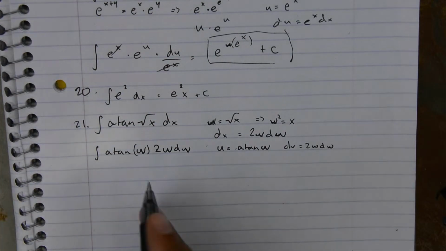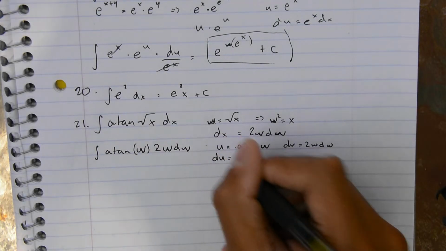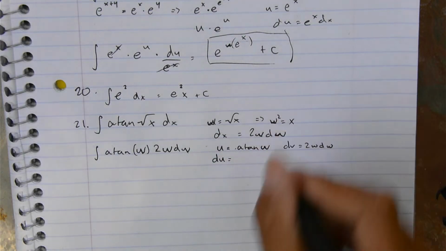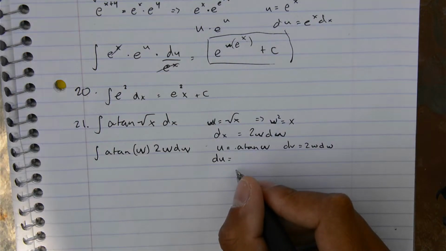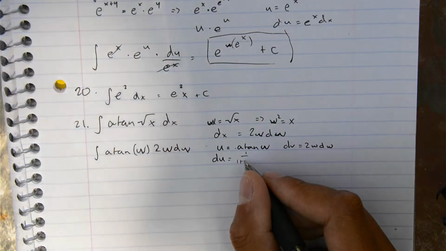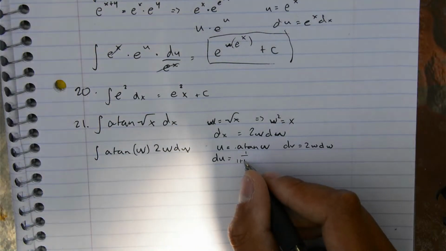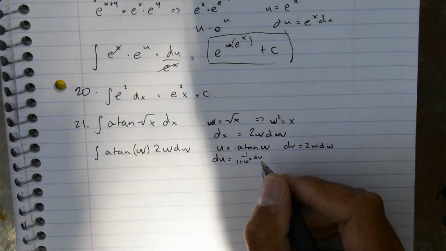Okay, so now du is going to be equal to, all right, so I'll never remember this. I think it might be 1 over 1 plus w squared dw. Wait, if that's the case, then this might not work out.